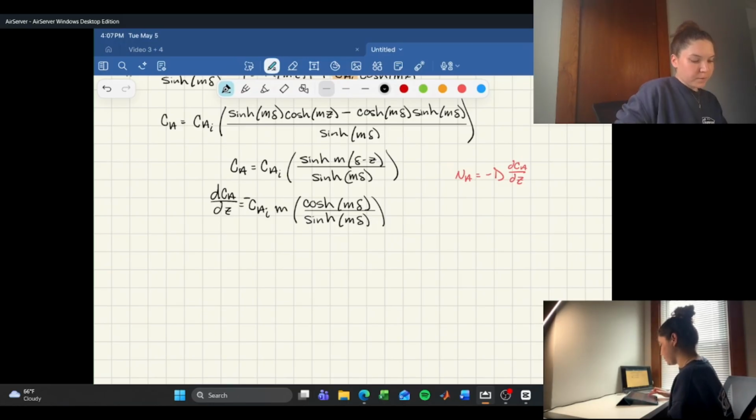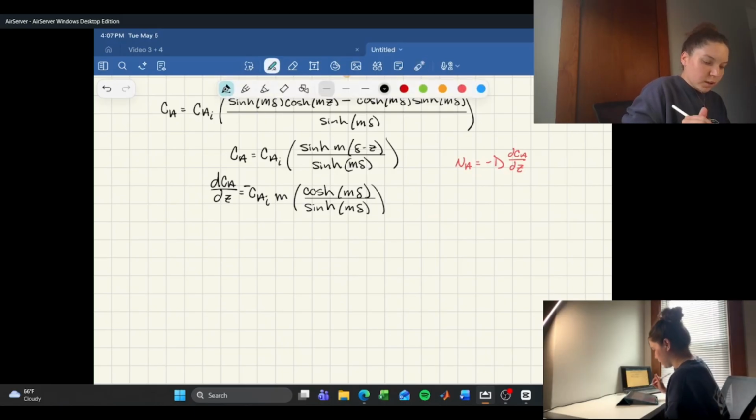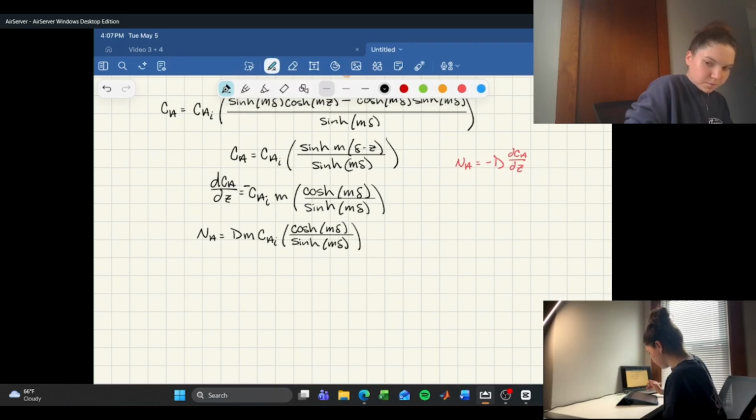And now when we plug this in right there, we get that the molar flux of component A is equal to the diffusion coefficient times m times concentration of A at the interface times the hyperbolic cosine of m delta over the hyperbolic sine of m delta.